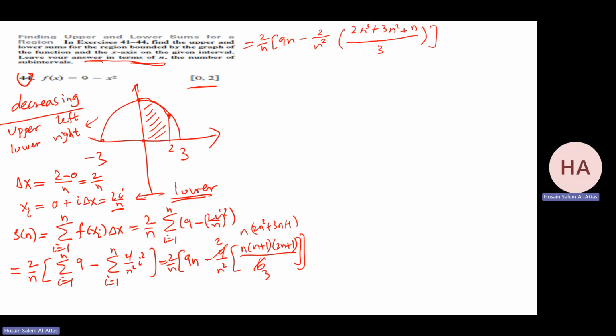A matter of calculation now. 2 over n, 9n minus 4n cubed over 3n square. That will be 4n over 3.